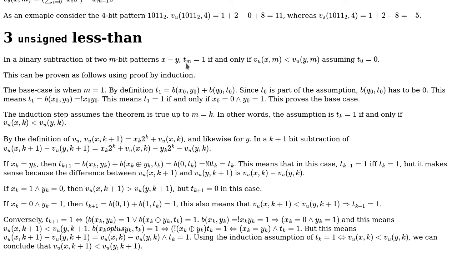Now, what does that mean? That means after a subtraction, you can tell whether x is less than y by only looking at the borrow bit belonging to position m.